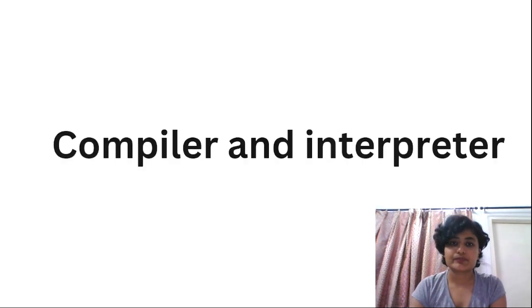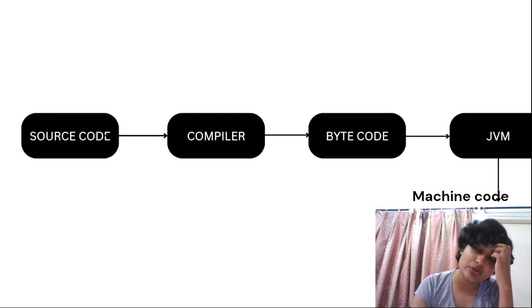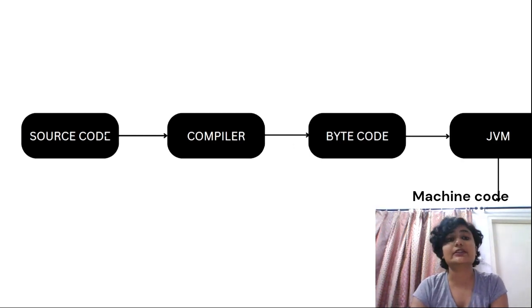To summarize what I have said, we spoke about the difference between a compiler and an interpreter. Compiler does everything together. Interpreter interprets it line by line. Then we spoke about JVM and how Java is a combination of a compiled and an interpreted language because it has the Java compiler and the JVM, that is an interpreter.